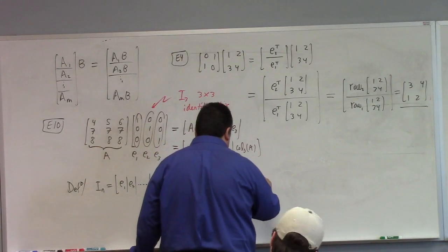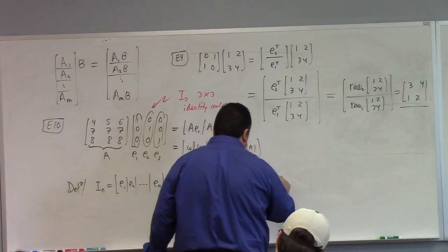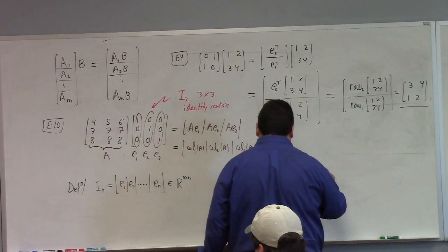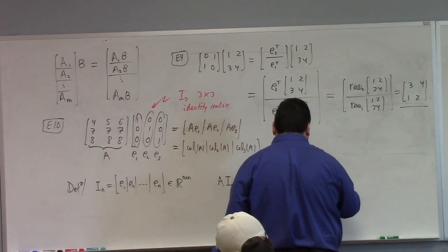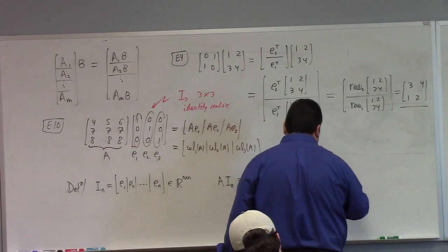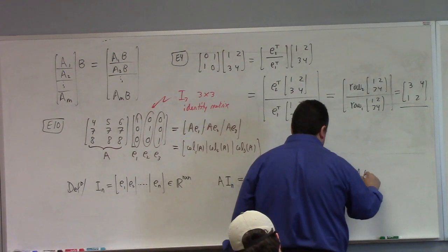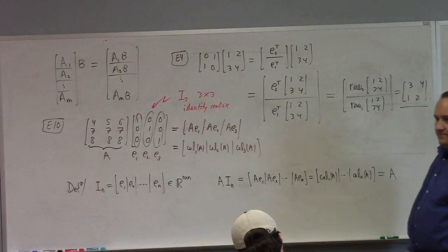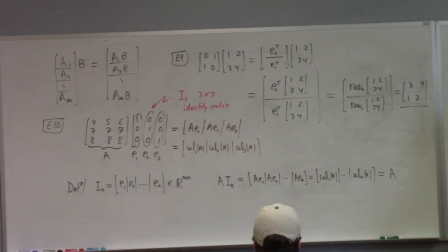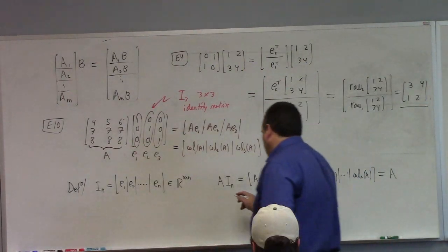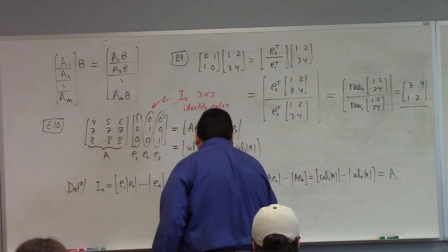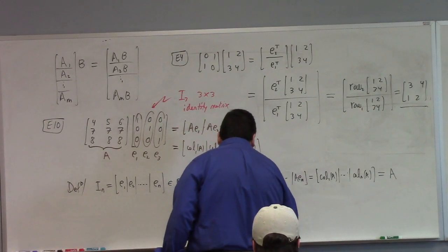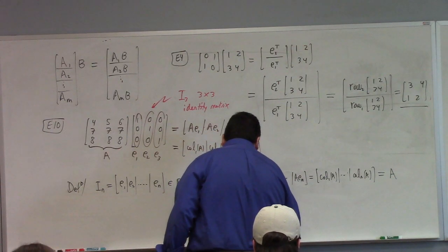Because then this is AE1, AE2, AEN, which by the way is column 1 of A, column N of A, as you guys told me a second ago, A. What if I put the I on the other side? What is IN times A? Notice what that is, E1 transpose, all the way down to EN transpose, isn't it?